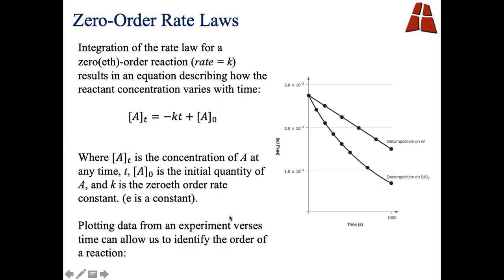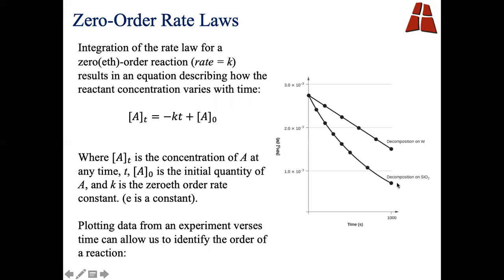Okay. And so if we were to plot the data for zero order kinetic experiments, then we should be able to come up with a plot like this, where when we have a straight line, we know that when we plot just our unmodified data here, you'll notice this is the concentration of ammonia, NH3, versus time, when we get a straight line, we know that this decomposition over W here, which is the element tungsten, would be zeroth order.